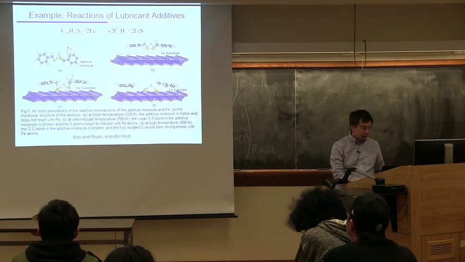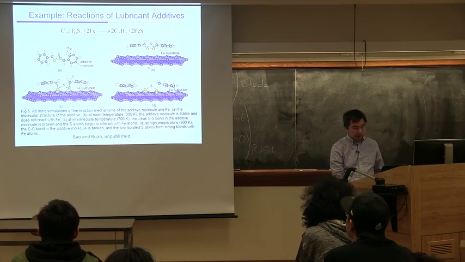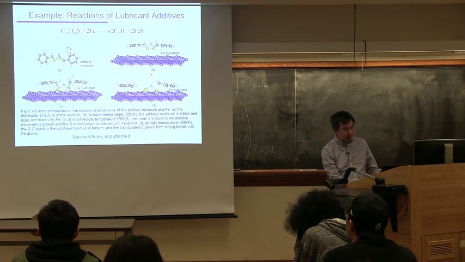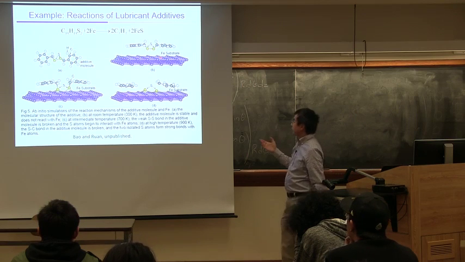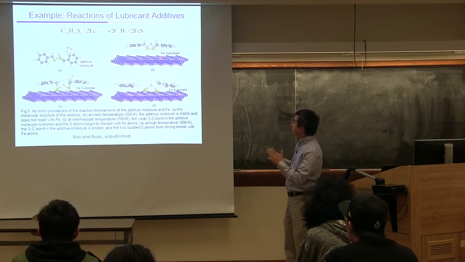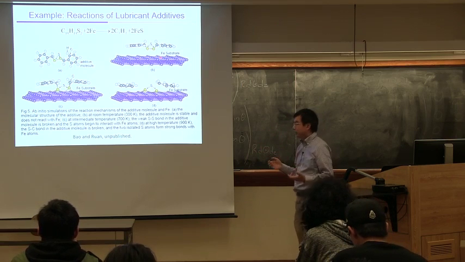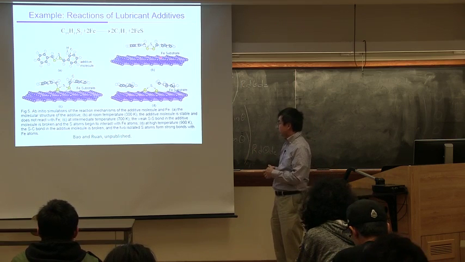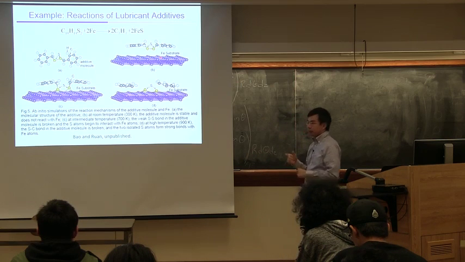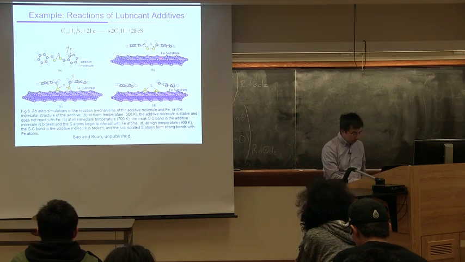This is the molecule at room temperature, and if you put the molecule above the iron surface at room temperature, nothing will happen. This is normal because the lubricant additive is supposed to function at high temperature, like in an internal combustion engine, when the combustion happens.